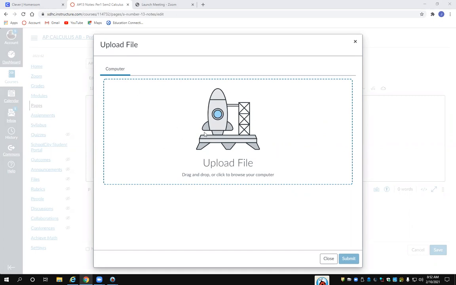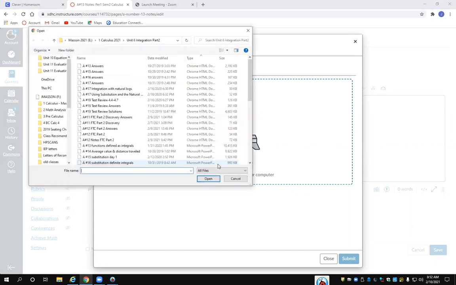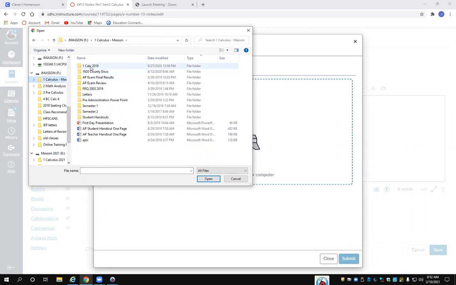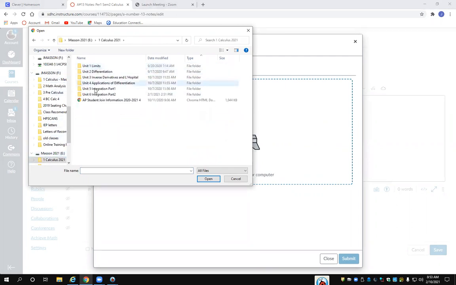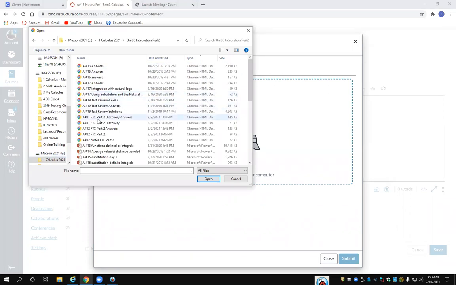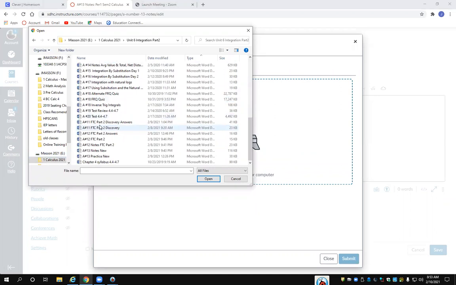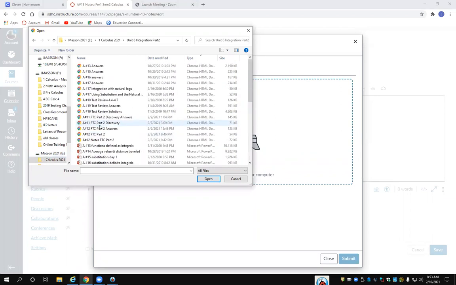All right, why are we locked up here? There we go. All right. I hope I did this. Of course, I didn't save it as a PDF.